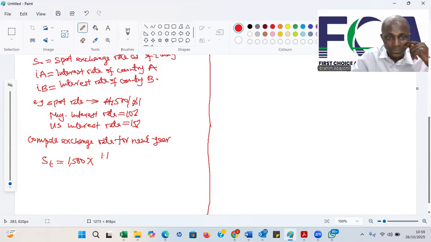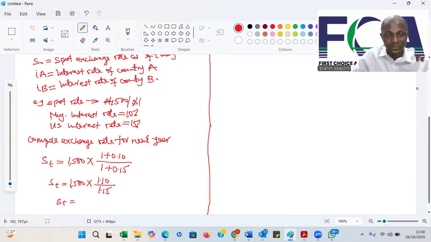1 plus 0.15. So ST will be 1,500 multiplied by 1.10 over 1.15. ST will be equal to 1.1 divided by 1.15 multiplied by 1,500.